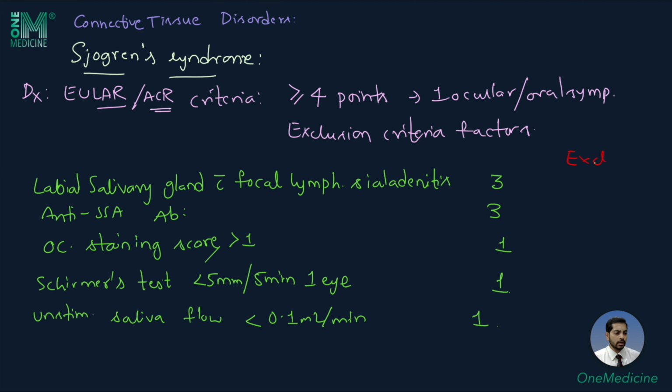Exclusion criteria includes radiation to head and neck, HIV disease, sarcoidosis, amyloidosis, graft versus host disease, IgG4 related disease, and history of advanced hepatitis C virus infection.